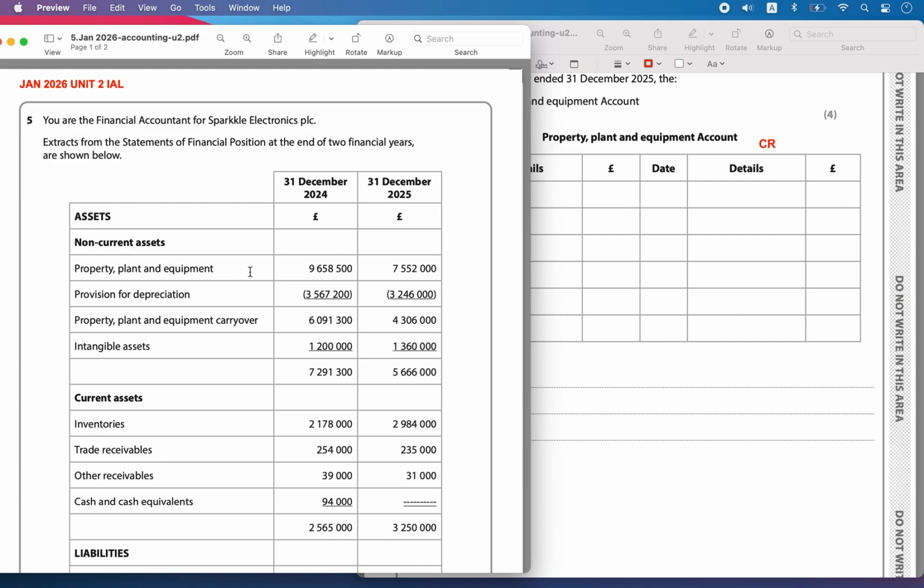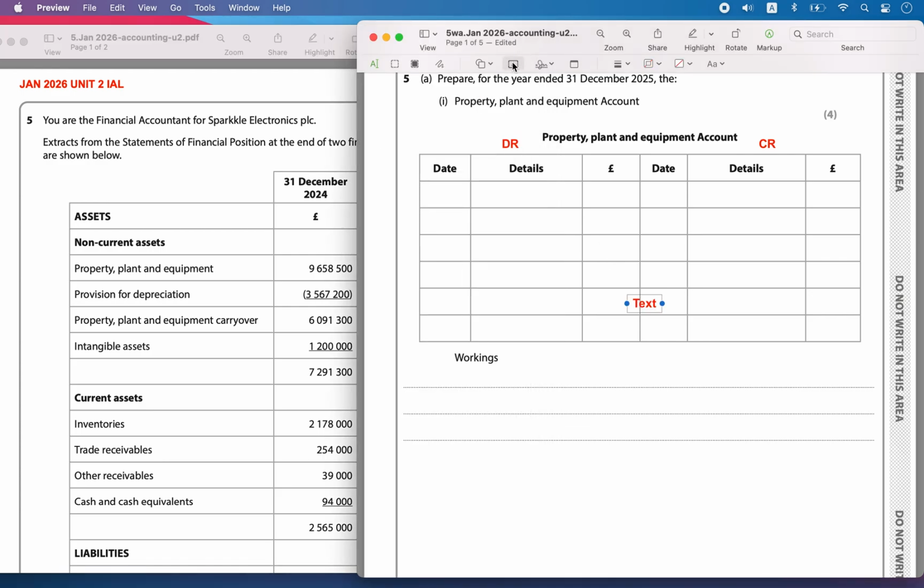Now the balance is given here. The property, plant and equipment balance at the beginning was 9,658,500. This was the beginning balance as on 1st Jan 2025.